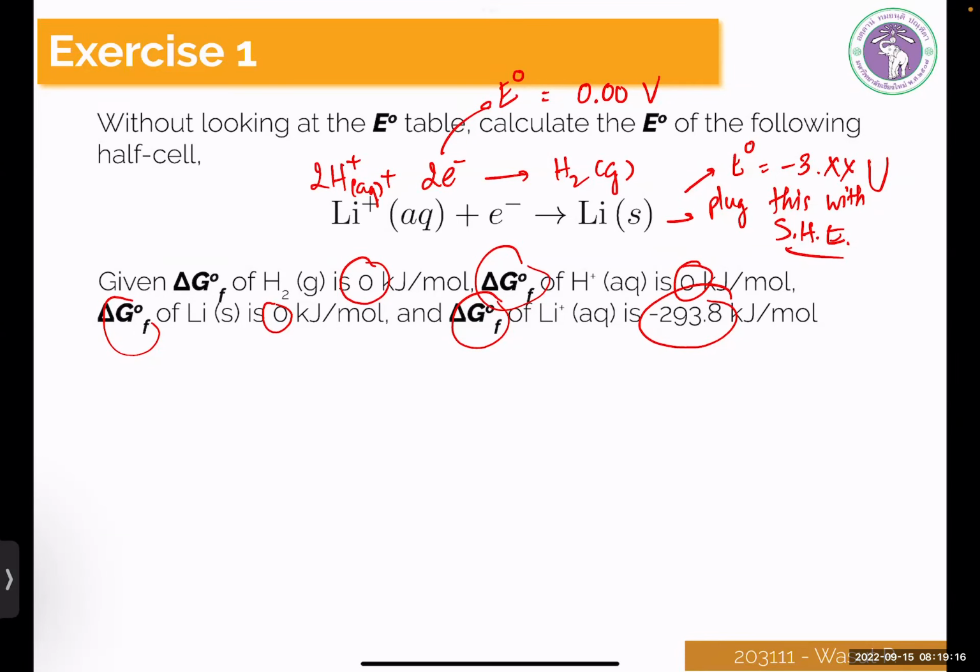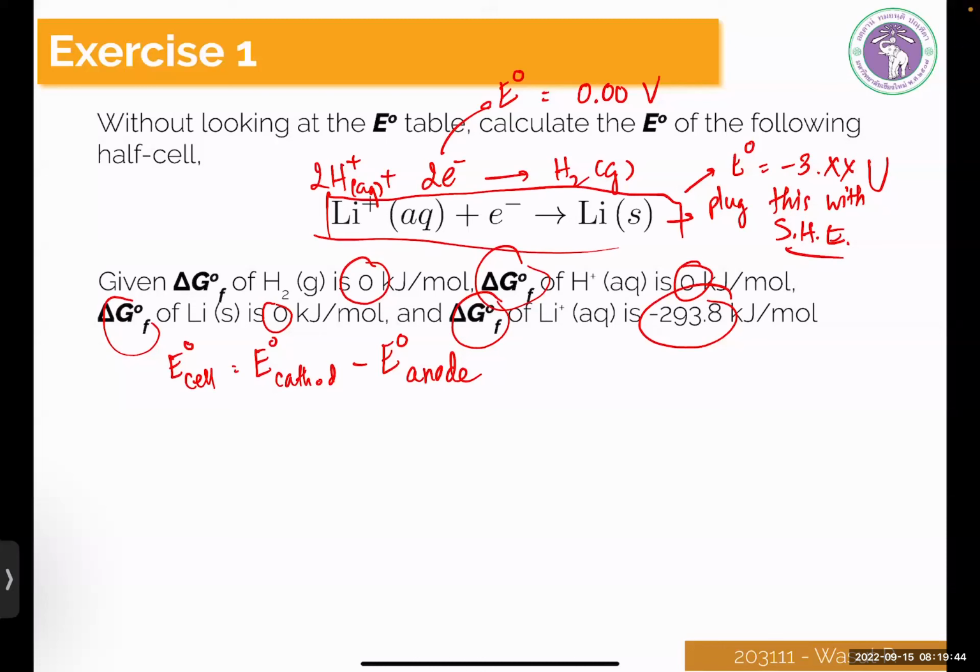So E naught of the cell is going to be E naught of the cathode minus E naught of the anode, right? Which one do you think will be the anode in this case? Definitely the lithium will be the anode, right? Even though I don't know the value, I can just remember roughly that it's minus 3 something. That's a very, very low number, much lower than 0.